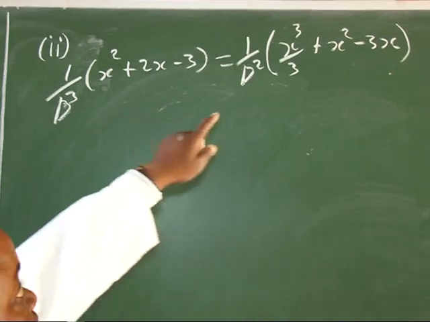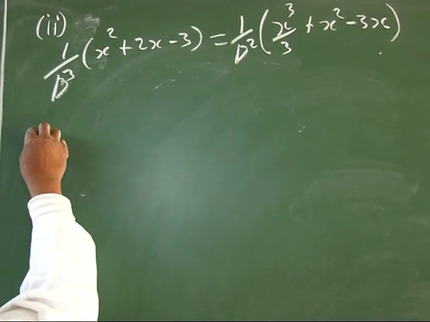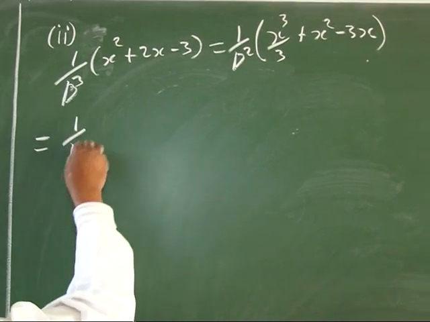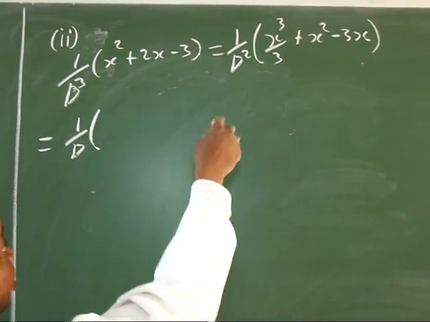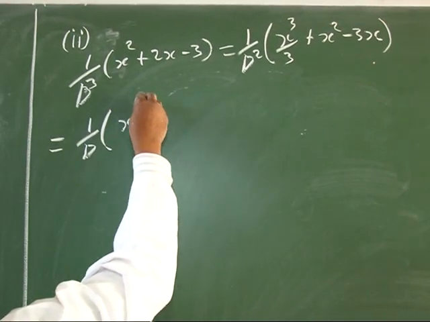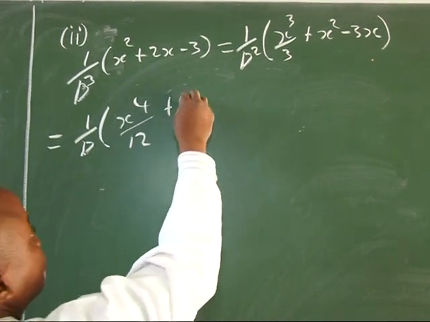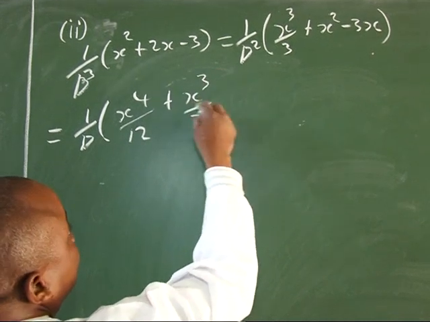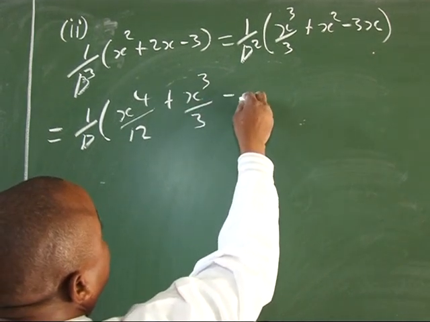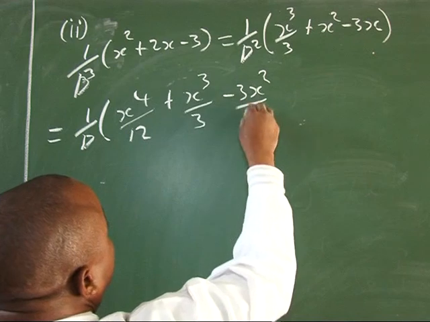Of course, if you integrate this, you have this. So that will be the same as 1 over D. If I integrate this again, I'll have x raised to the power 4 all over 12 plus x cubed all over 3 minus 3x squared all over 2.